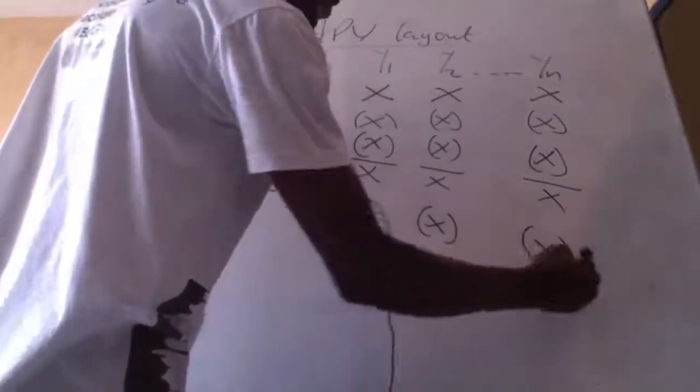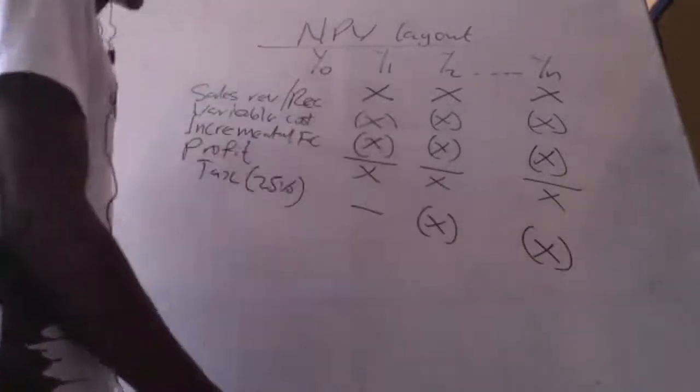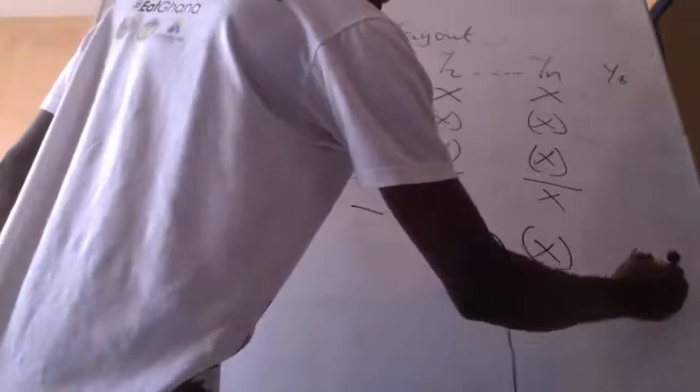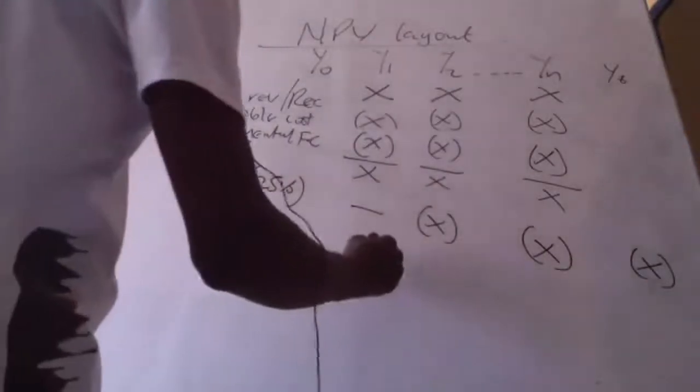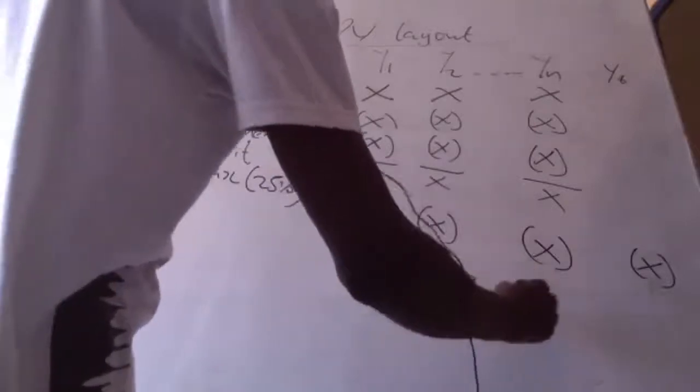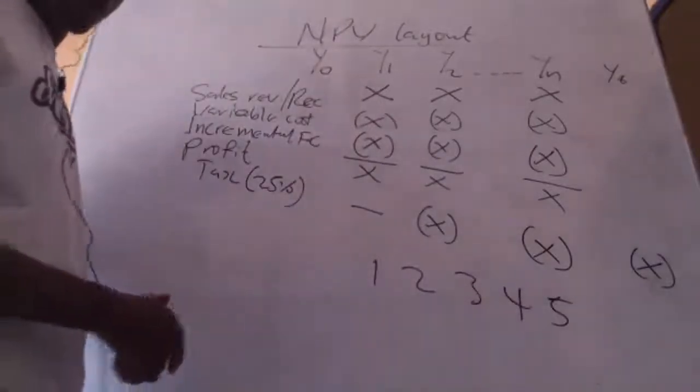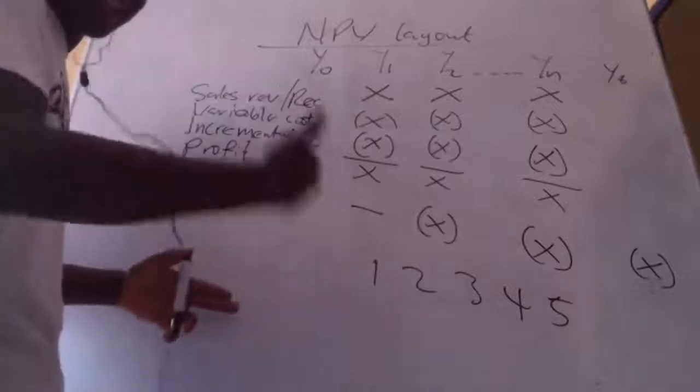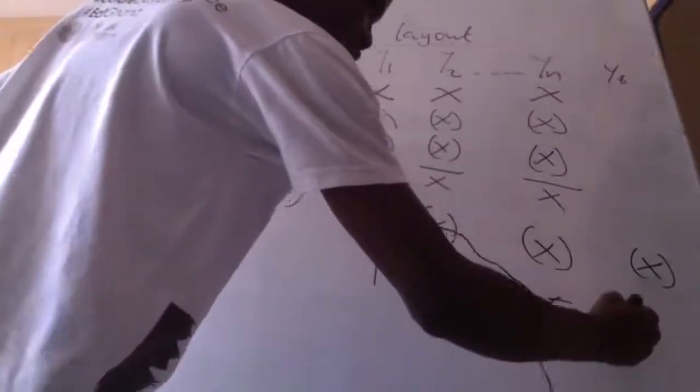In that instant, you will have an extra year because of the tax plus 1 year. So if it's year 5, you get year 6. It's for the tax purposes because the last year tax will be paid in what? The following year of the project. If the project will last for 1, 2, 3, 4, and 5 years, because of tax being paid 1 year in arrears, go extra.